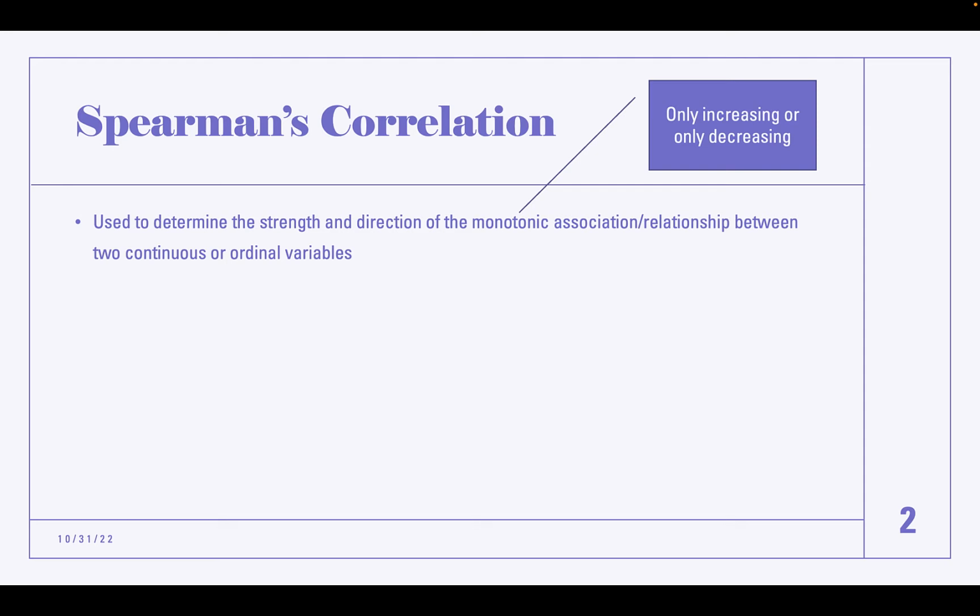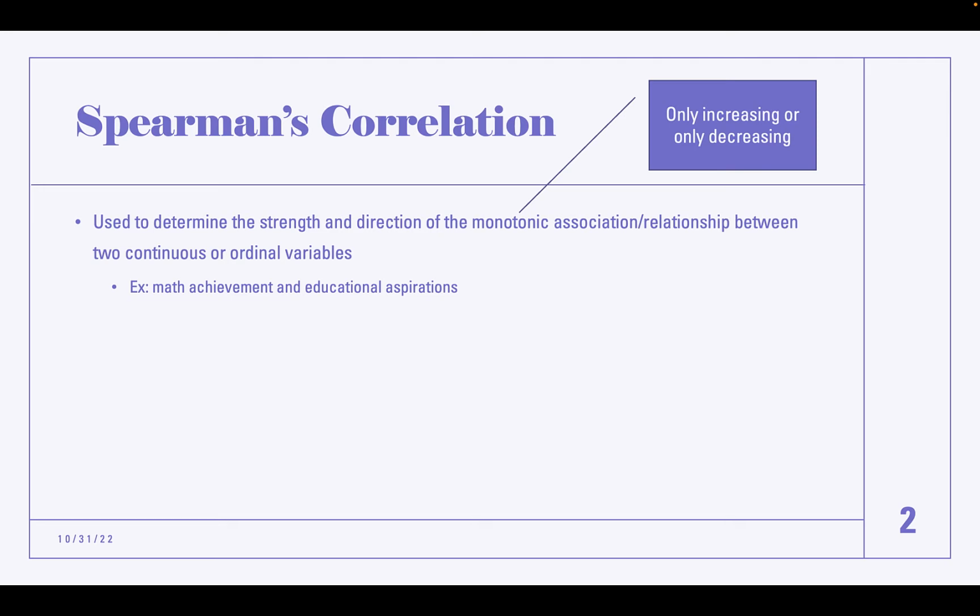And we're also now saying, okay, well, we can have two continuous variables or ordinal variables. So ordinal variables are discrete and ordered, like on a Likert scale. So something that may be on a 1 to 5 scale of strongly disagree to strongly agree would be referred to as ordinal.